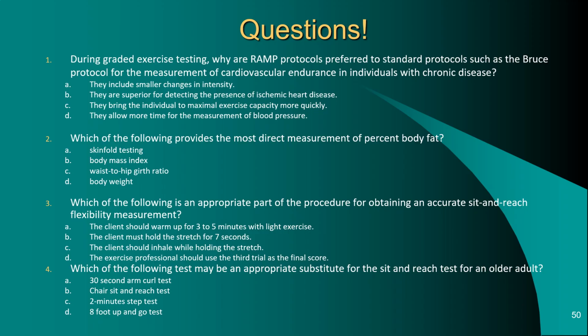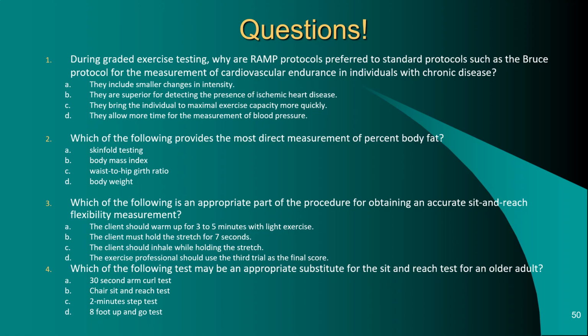Right, which of the following tests may be an appropriate substitute for the sit and reach test for an older adult? So we have the 30-second arm curl test. That's with the dumbbell, 5 pounds for women, 8 pounds for men, and for 30 seconds. Doesn't sound like that would be flexibility. Chair sit and reach test. 2-minute step test. That one is more about how many times you can lift your right knee to a certain marker.